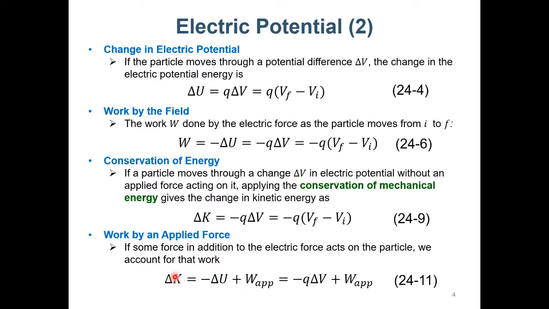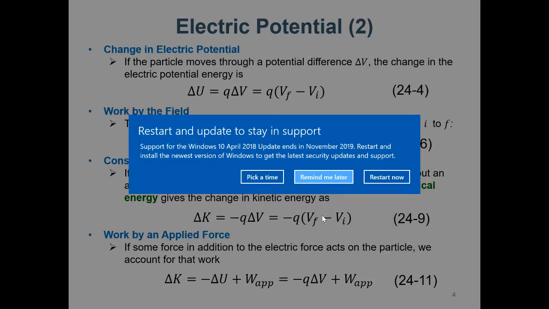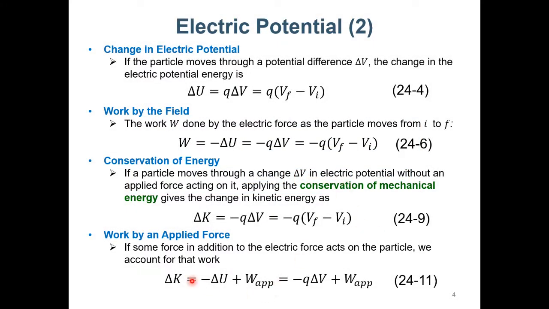Delta K will be minus delta U plus the work applied later. So you need some work done so that the potential energy will change, but actually it is equal to the total kinetic energy change. So this is written like this.